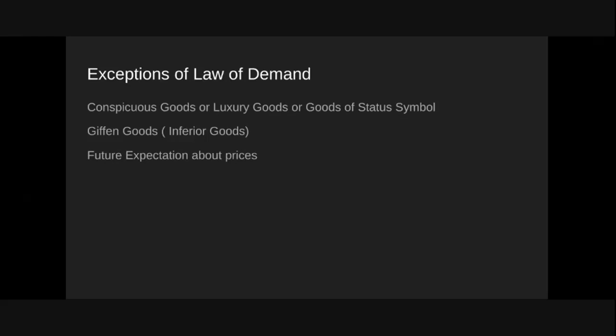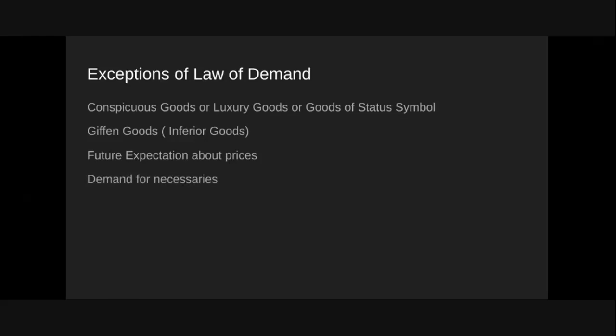Future expectation about prices. Now if one is expecting that in the future the price of a particular commodity is going to increase, the price of the cars are going to increase, then people will probably buy more cars, and it can slightly increase the price of the car at the current level of demand, right?